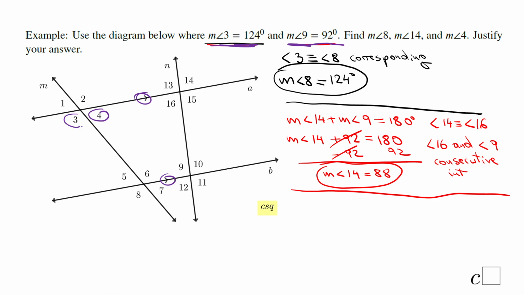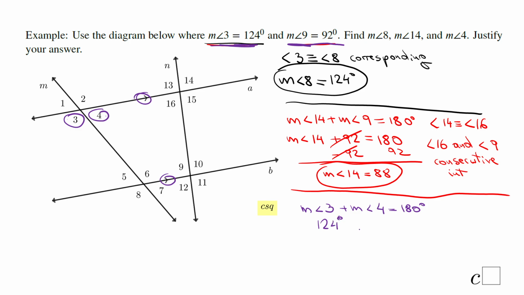I'm not going to use today's lesson for this. Angles 3 and 4 form a line. They form this line A. They are a linear pair. So I'm going to say here the measure of angle 3 plus the measure of angle 4 equals 180. Nothing from today's lesson, just something that you learned before.